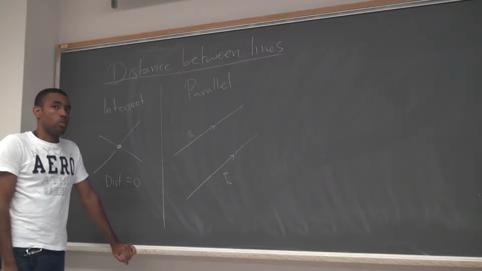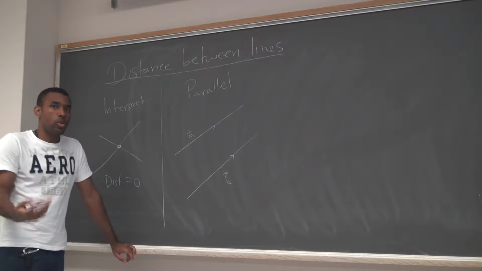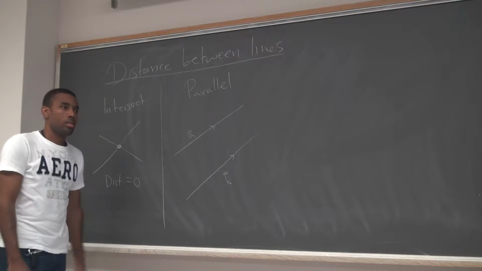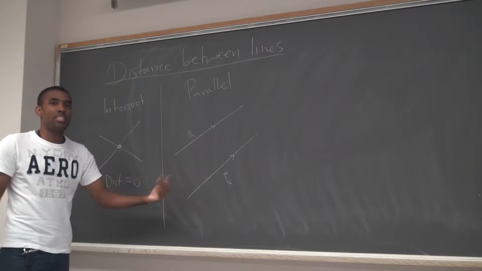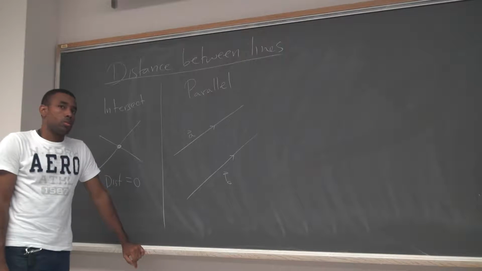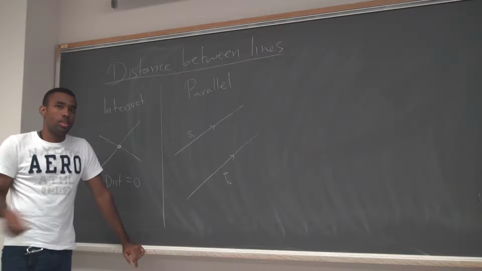I'm saying first you have to find the direction vector for both of the lines. Yeah, assume we have those because you have the equations. So we know what A is, we know what B is. But the direction vectors are actually the same. Can you find the distance between the direction vectors?